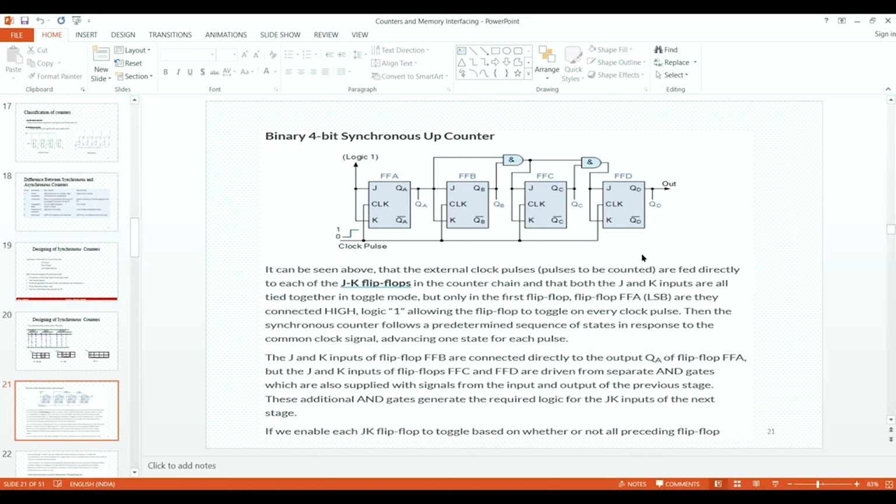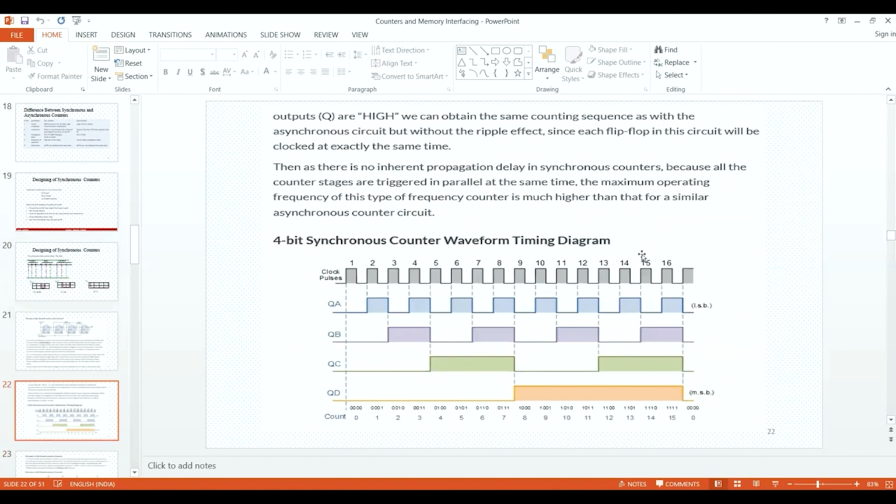One thing is very, very clear: we normally use separate AND gates to transfer information. This is a 4-bit synchronous counter waveform, the timing diagram. I already discussed it with you in detail. If you remember, QA would start from 0, then it starts from 1. The next QB is 0 0 and starts from 1 again. So that is how we are going to count.